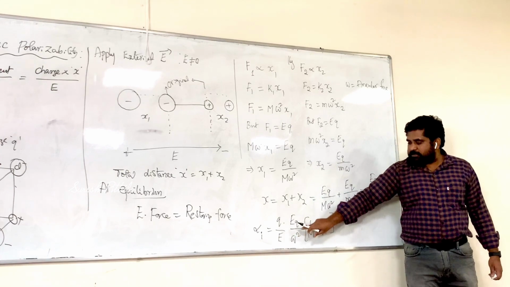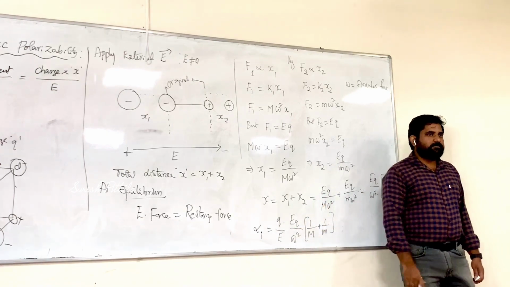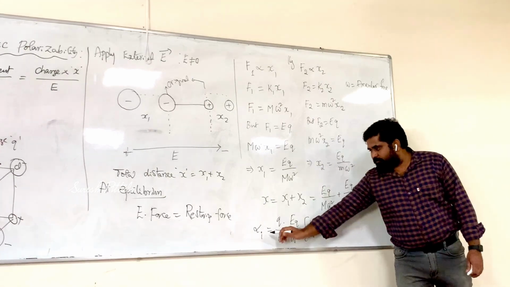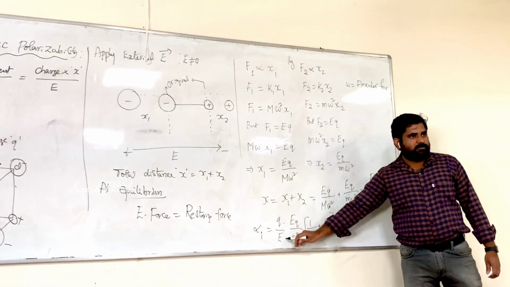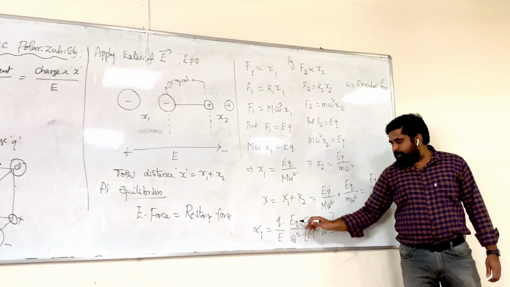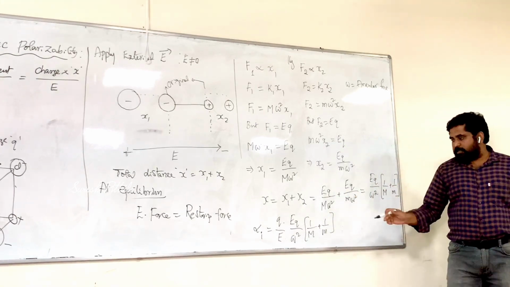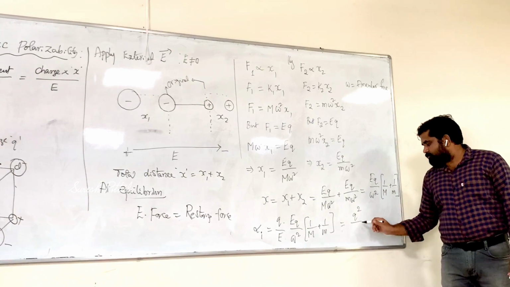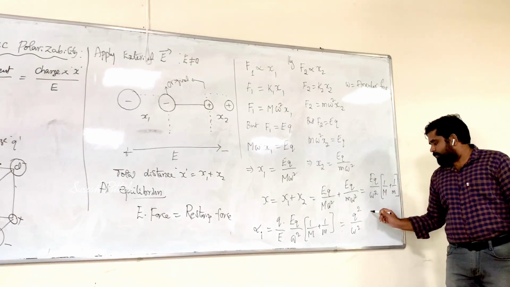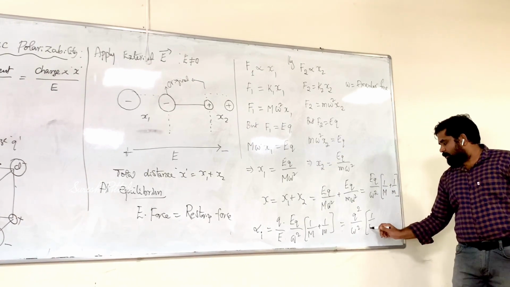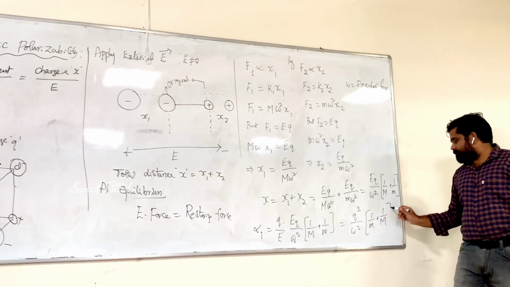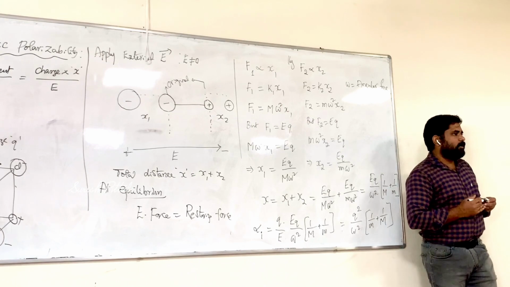That is the formula for the polarizability. So E will cancel out. You have Q into Q, nothing but Q square. So Q square by omega square into 1 by small m plus 1 by capital M. That is the expression for alpha.